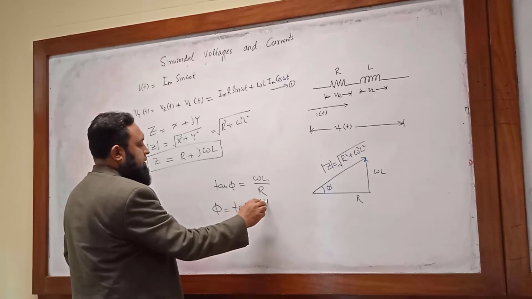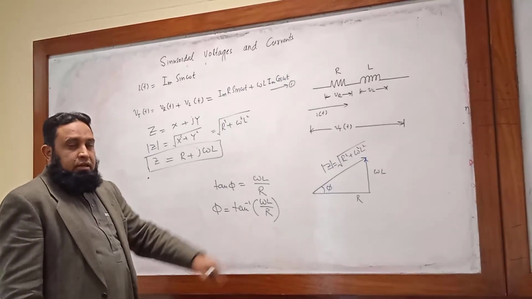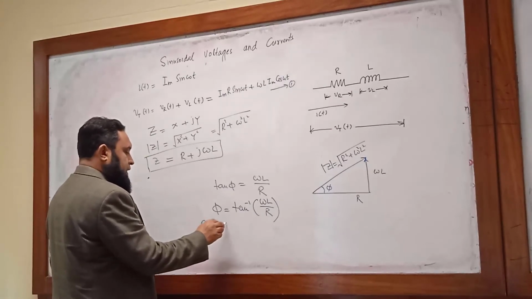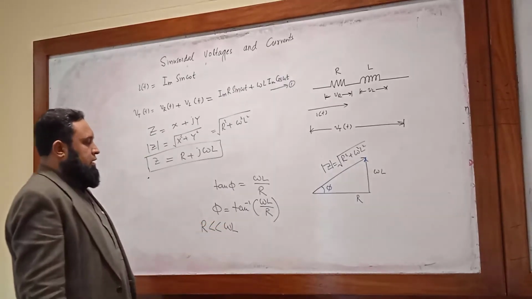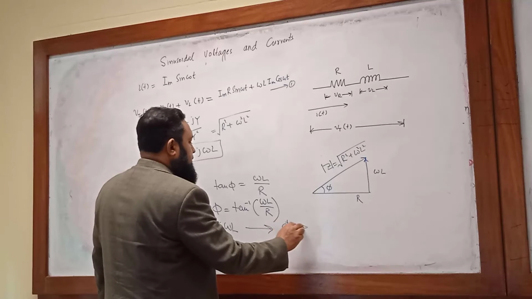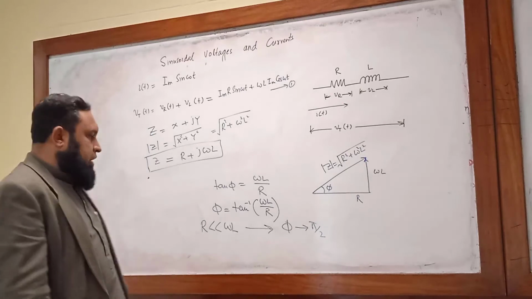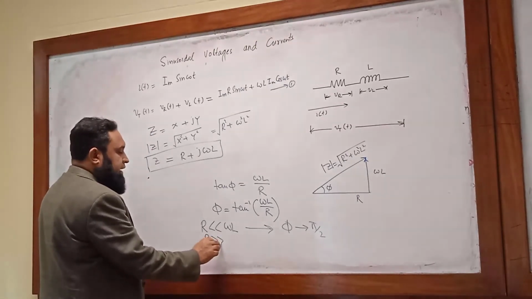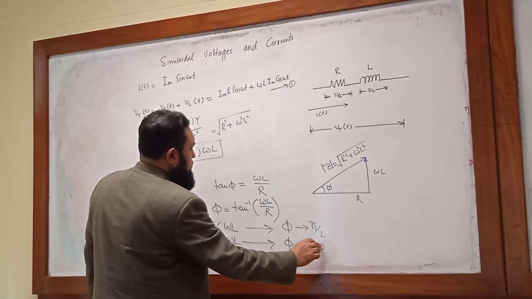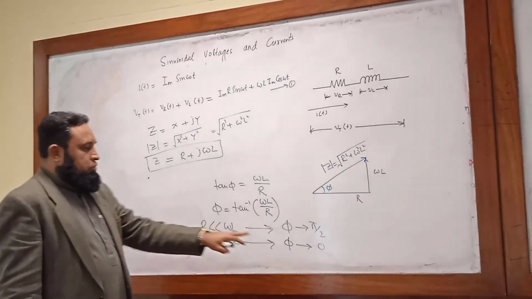Now, if this resistance is very, very small, then omega L dominates, so this phi will approach pi by 2. And if this resistance is very, very large, then this phi will approach 0, because of course it approaches 0 degrees.